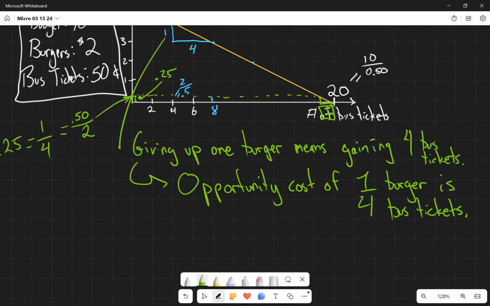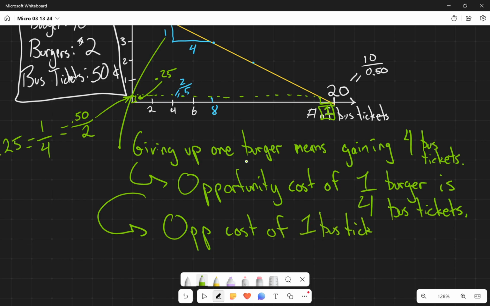So the other way that I can say this is my opportunity cost of one bus ticket is 0.25 burgers, 1/4 of a burger.